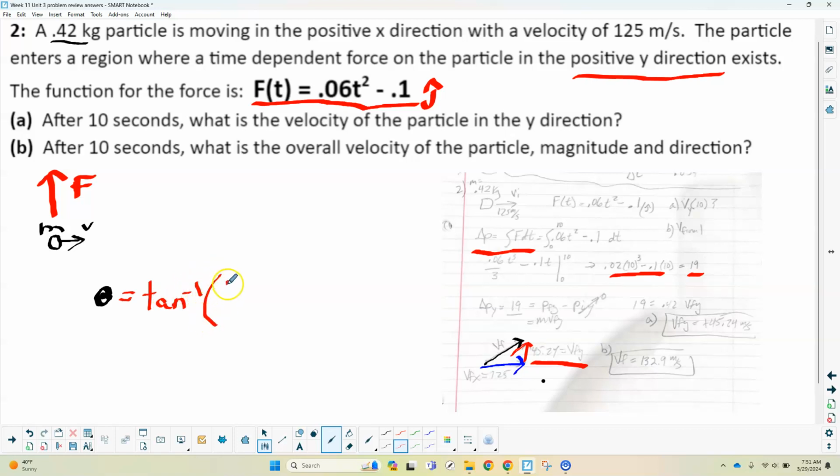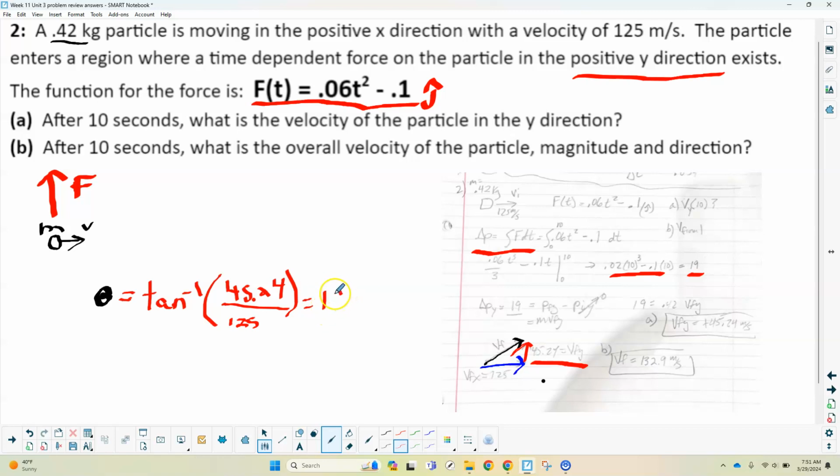So it's 45.24 divided by 125. Writing with the mouse pad instead of an actual stylus is not so easy. When you do that, I got around 19.9 degrees.